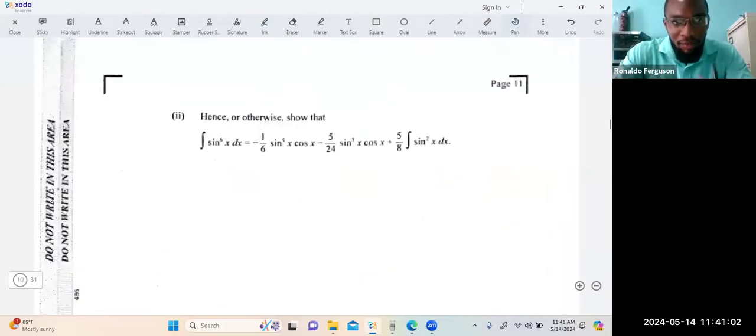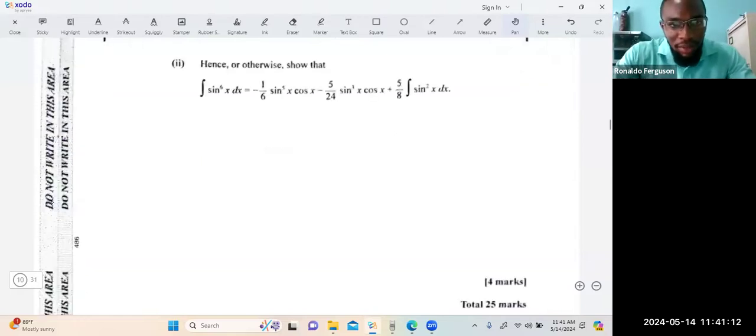It's not so bad. Now right here it says, hence show that this integral is this answer right there. So the first thing, I'm going to write out the formula we had.